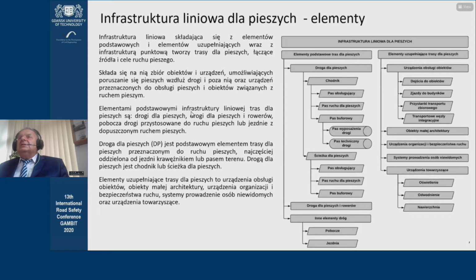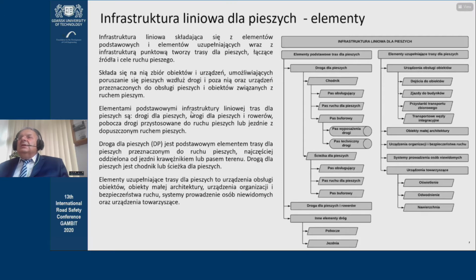When we talk about linear infrastructure, it is composed of the basic elements, which is the pedestrian pathway, pedestrian and bicycle pathway, and additional elements such as driveway and roadside, which could be used by pedestrians.